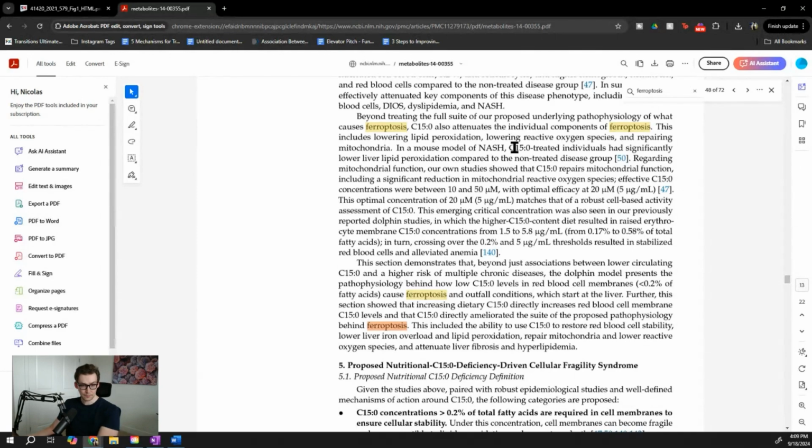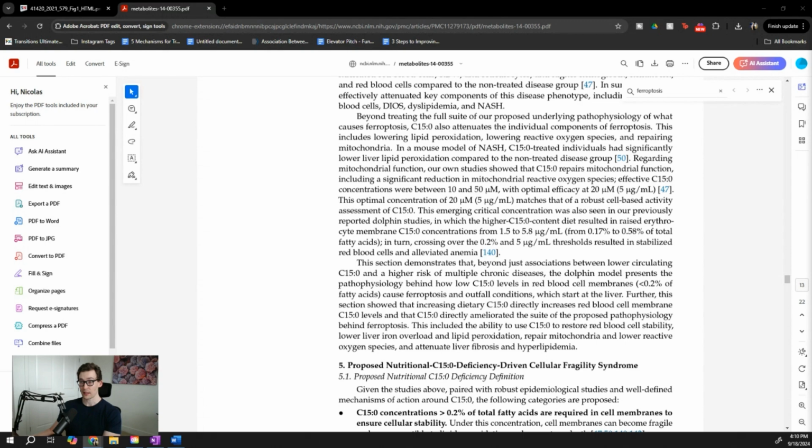So in this example, study 50 here, they look at a mouse model of non-alcoholic steatosis, or a form of fatty liver disease. And they say C15 treated individuals. These aren't individuals, they are mice, just to be clear. And they actually did not apply C15.